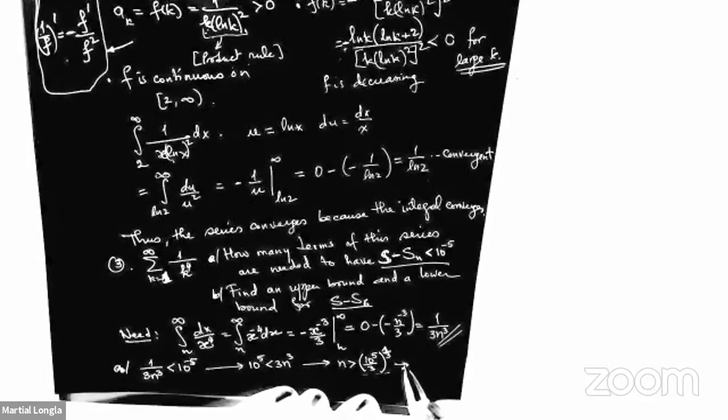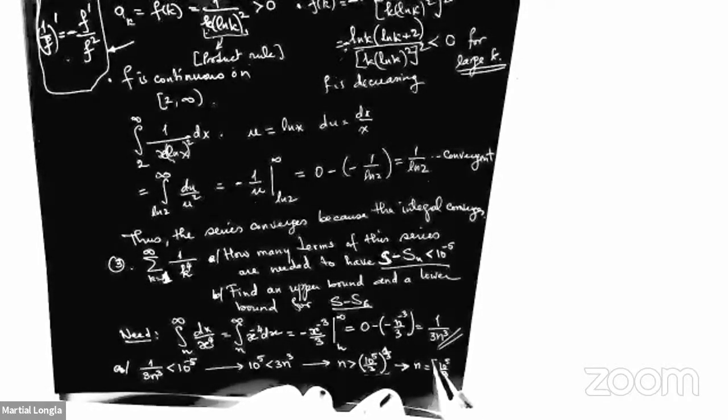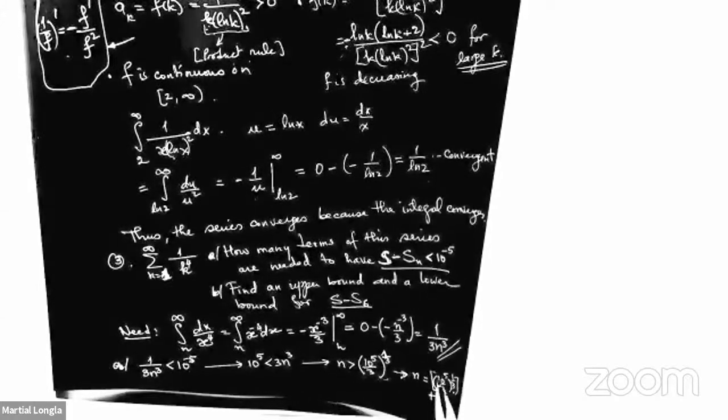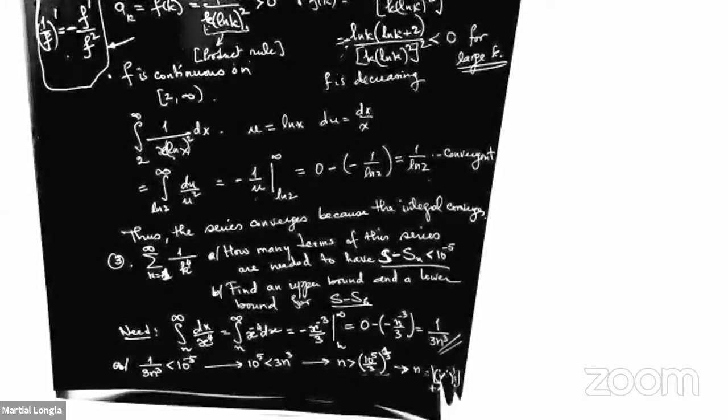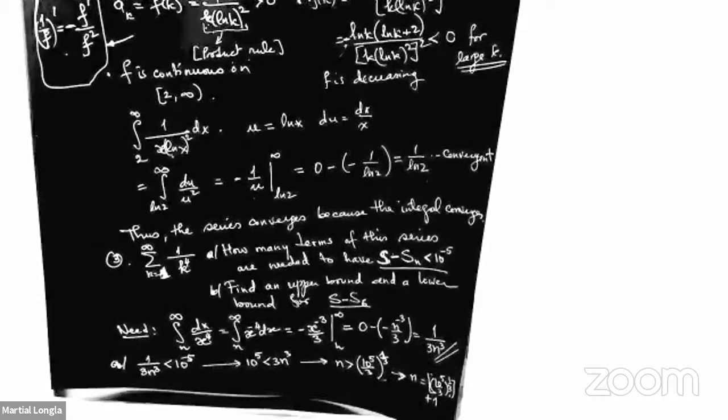Because we don't use calculators in this class, you can just write this. The brackets mean that you're taking the integer part of this number, the largest integer just before the number. And then you add 1 because you want to be strictly larger.